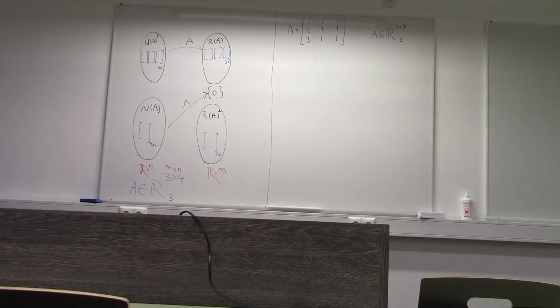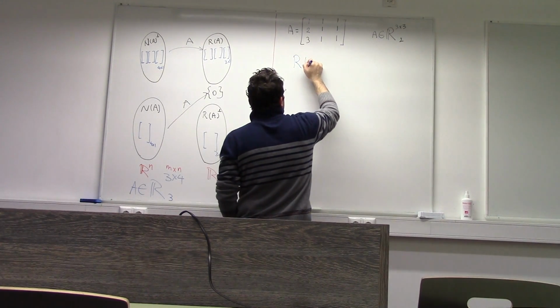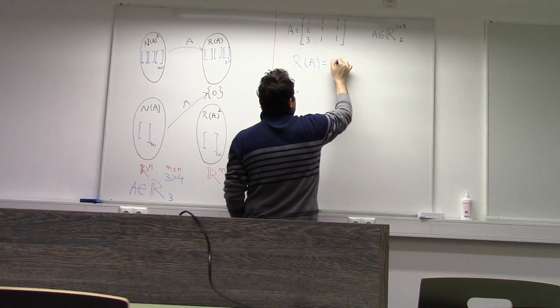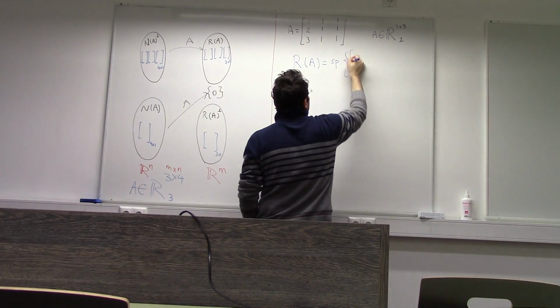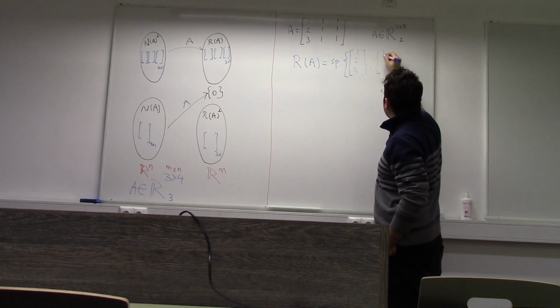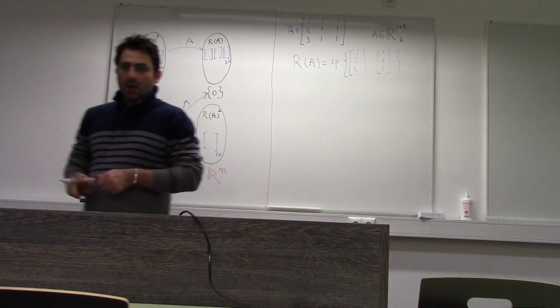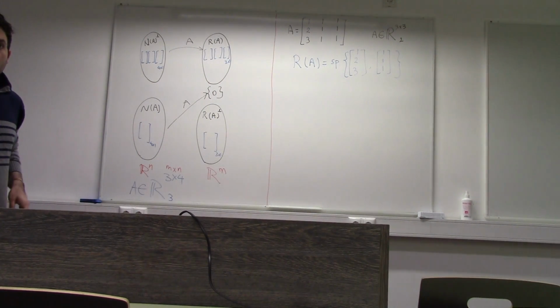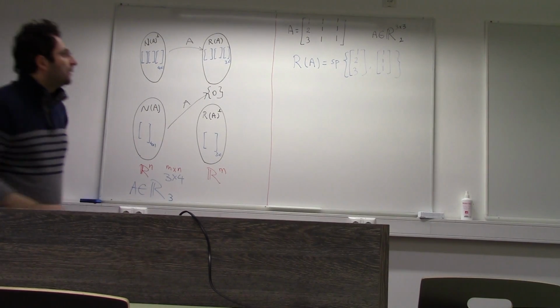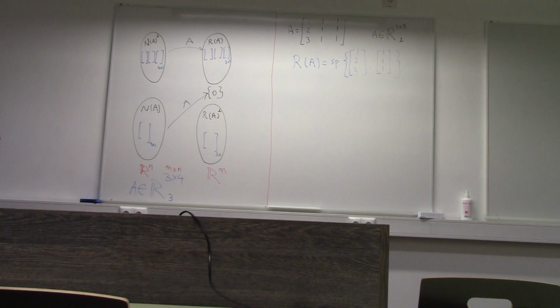So what about RA? RA is a span of, easily we can see it, right? Why is the rank 2 again? These are the same, aren't they? How many linearly independent columns do we have? It was too easy to see it's linearly independent.